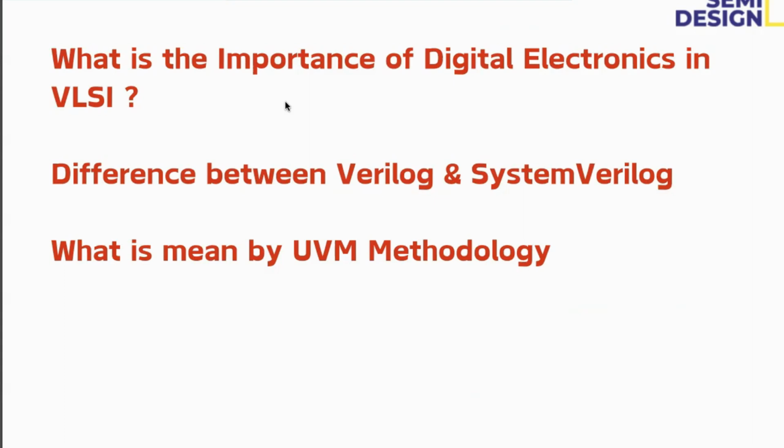So what is the importance of digital electronics? In VLSI, we have both analog electronics and digital electronics. Analog electronics is old; whatever gadgets we used earlier were analog related. Nowadays, in computers, labs and mobile phones we are not using it, but for some medical equipment and military equipment, and in communication, we use some analog circuits.